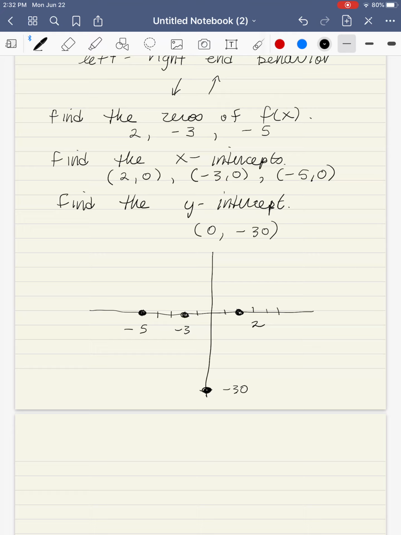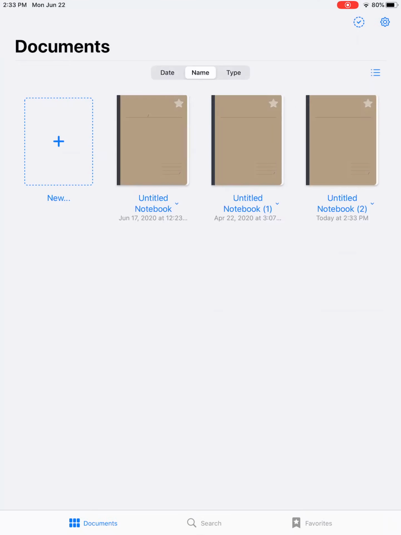And I know my left, right, end behavior is down left and up right. So that means after my furthest left x-intercept, the graph is going to go down forever. And after the furthest right x-intercept, the graph will go up forever. And I'm going to just cross through here, touch negative 30, and then cross back through there.